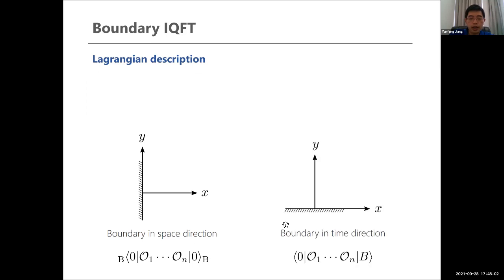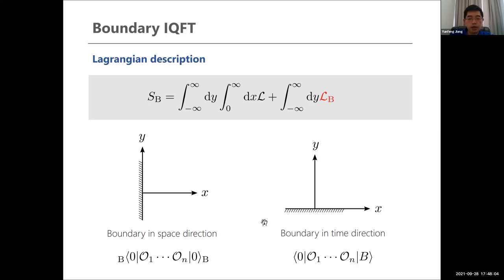Notice that in a field theory, you can place the defect either in the space direction or in the time direction. If you place this defect in a different direction, you will have a seemingly different description, but they are equivalent.